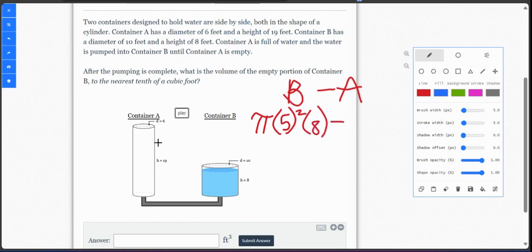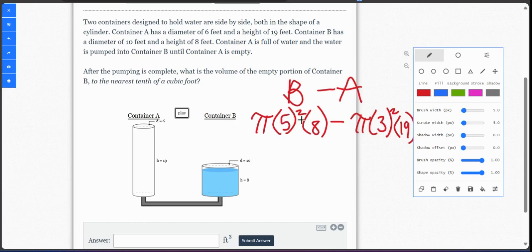Now in container A, the D is 6 and the height is 19, so the radius is 3, and then I have 19. We're going to do these one at a time first before going any further.